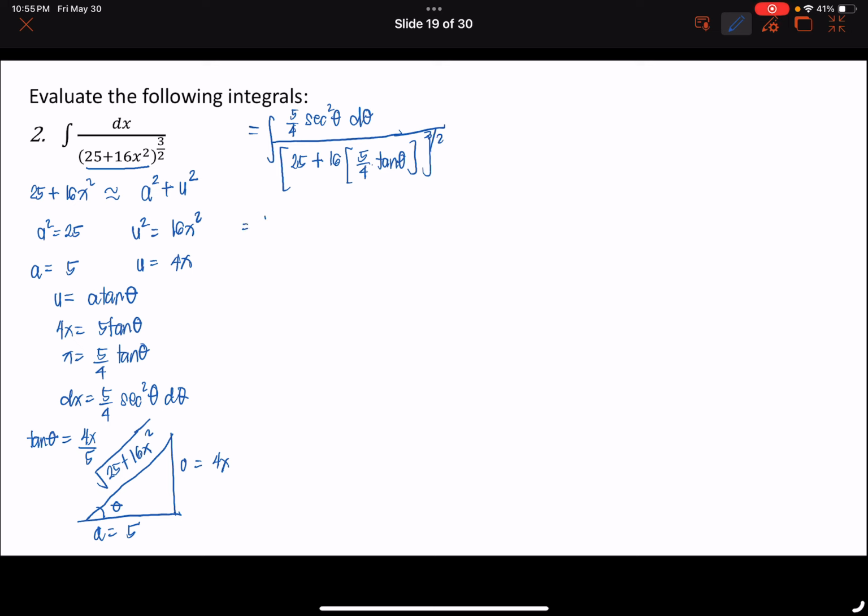So we have the integral of 5 over 4 secant squared theta d theta over 25 plus 16 times 25 over 16 tangent squared theta, raised to 3 over 2.